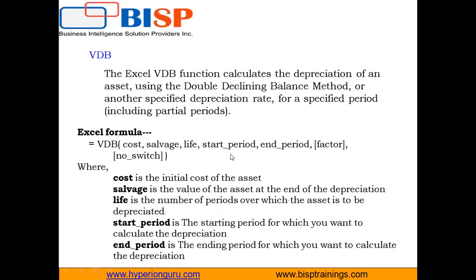The next function is the VDB. It stands for variable declining balance, and it is used for calculating declining balance depreciation for a partial period. The declining balance and the double declining balance methods let you capture most of an asset's depreciation early in its economic life.